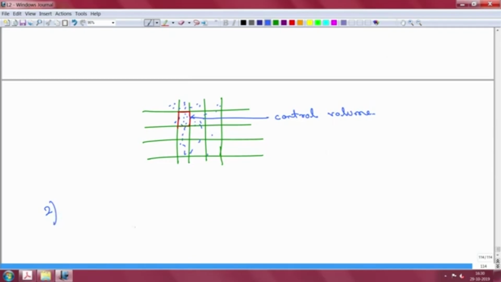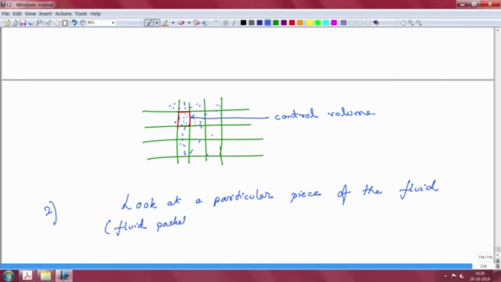So, the second one is the Lagrangian perspective, where you look at a particular piece of the fluid, a fluid packet, and observe how it behaves as it moves from location to location.